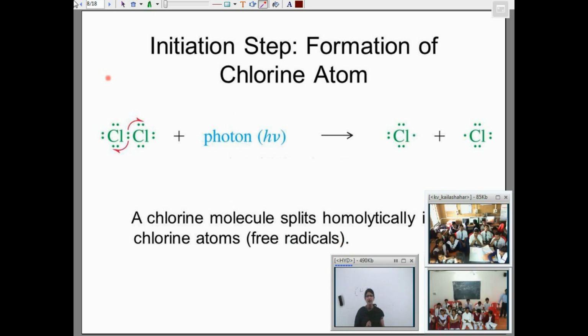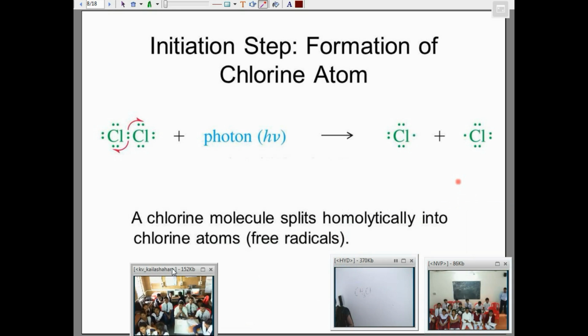And what do we get here? A chlorine molecule splits homolytically into chlorine atoms, called free radicals, because they have got one electron each. This is the first step.